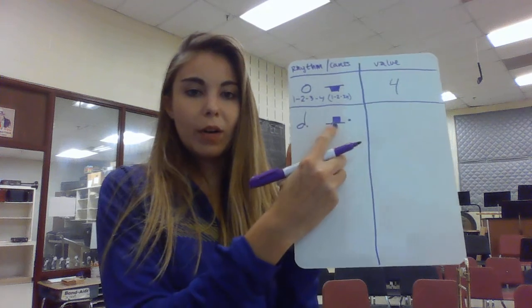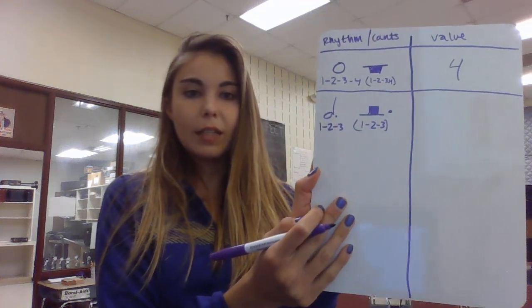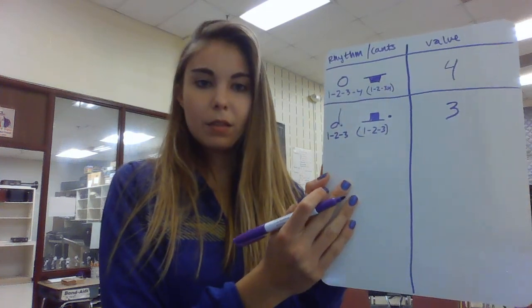So we have the note and the rest that it equals. And same thing as our whole note, 1-2-3, to show we're holding through 3 beats, but with parentheses to show that we're thinking it in our head, since it's silent. Rests are silent. And it equals 3 beats. Let's draw a line here.